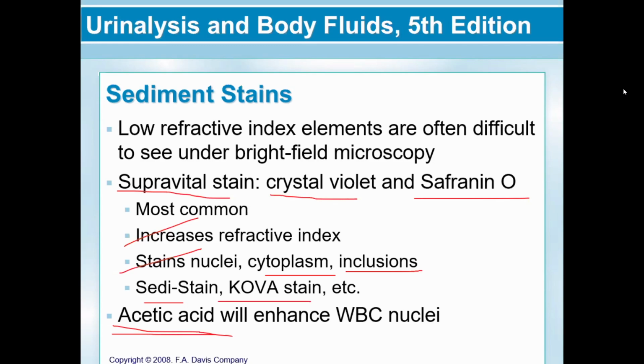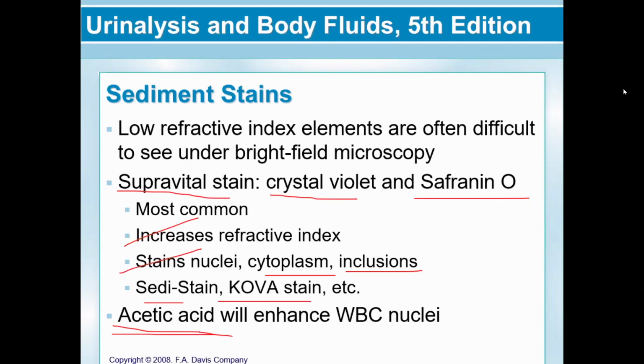Okay? So what will acetic acid do? It will lyse your red blood cells so you can see the other formed elements. And other than lysing your red blood cells, it will also enhance the nuclei of your WBCs. Why do we need to enhance the nuclei of our WBCs? Because sometimes we mistake WBCs for other form elements like renal tubular epithelial cells.